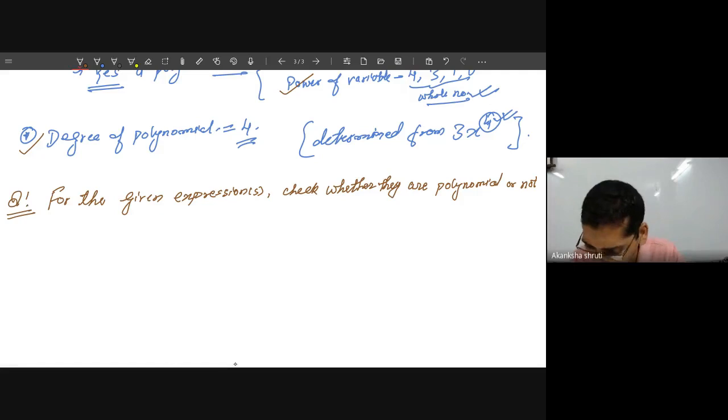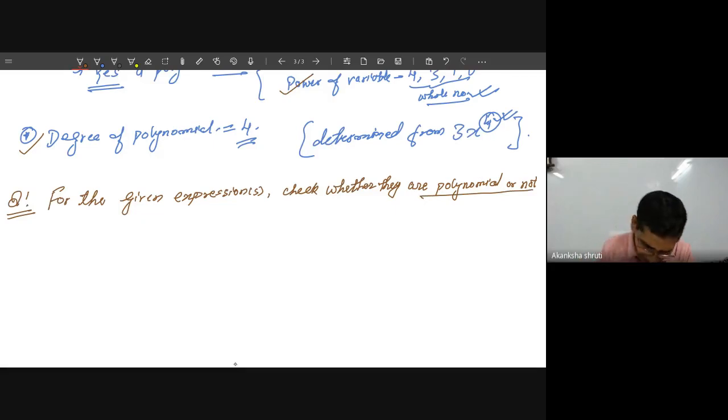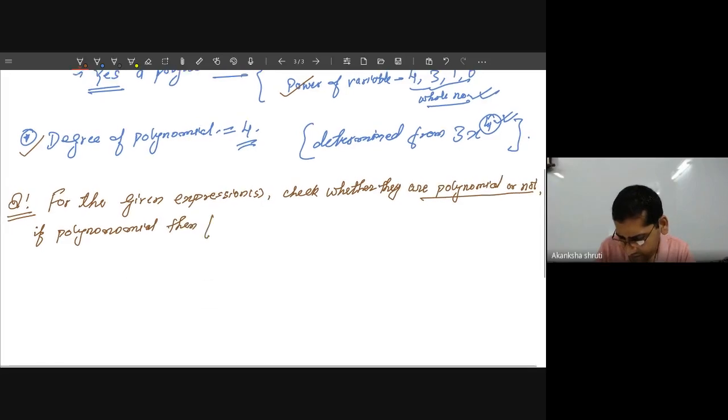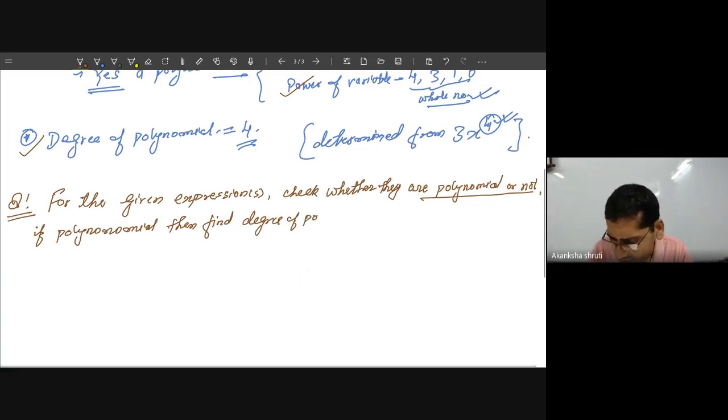The very first thing you have to check is whether they are polynomial or not. If polynomial, then you have to find the degree of the polynomial.